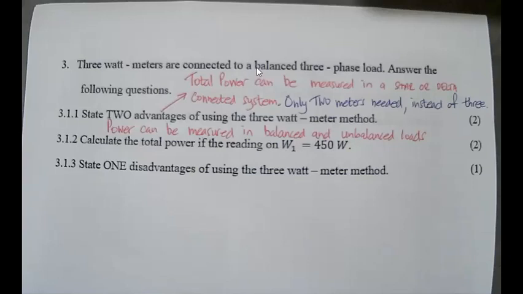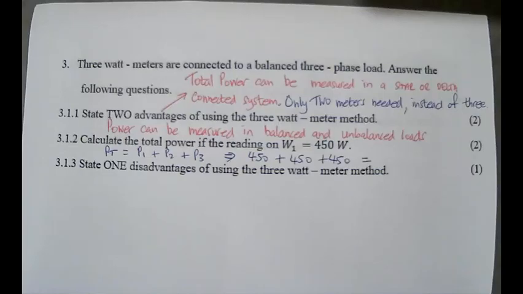So your key word there is balanced 3-phase load. Using our formula, total power is equal to wattmeter 1 plus wattmeter 2 plus wattmeter 3. Substituting 450 3 times, we get an answer of 1350. The marks will be for the substitution and the answer.